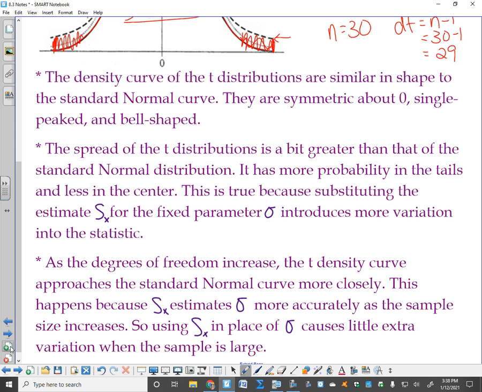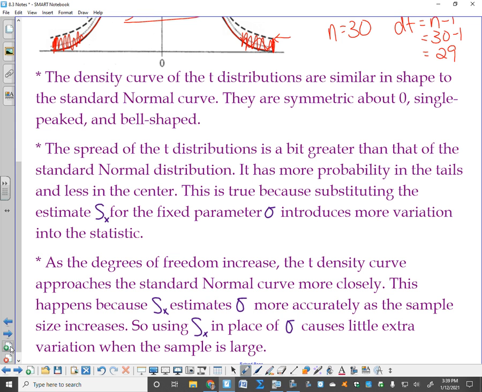Now, here's why. Remember, for a t-distribution, you don't know sigma. So you are substituting the estimate S sub x for the fixed parameter sigma, and that gives you more variation into your statistic. So the t-distribution just allows for that.